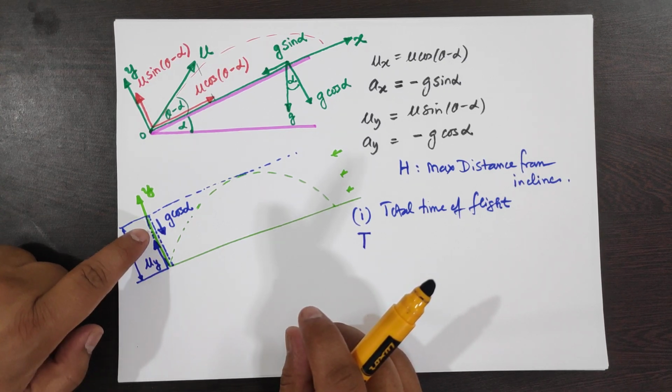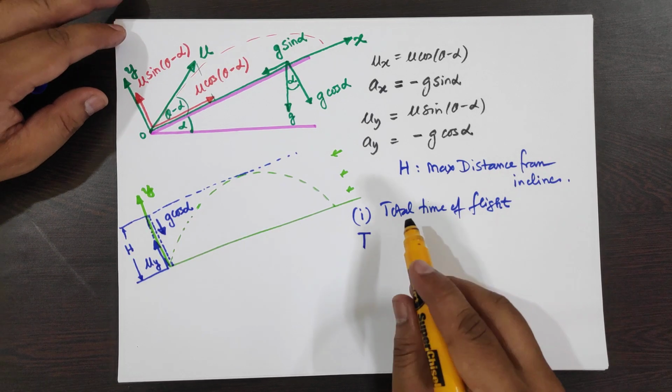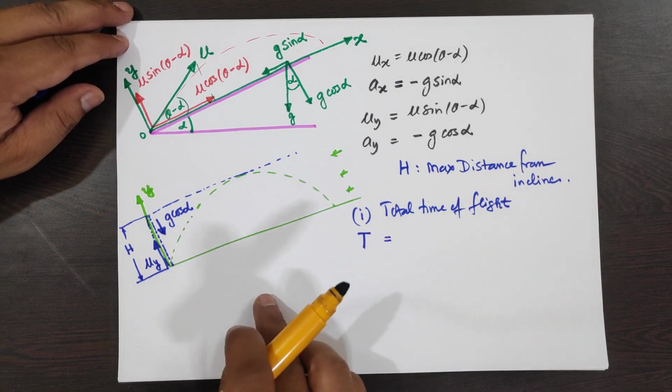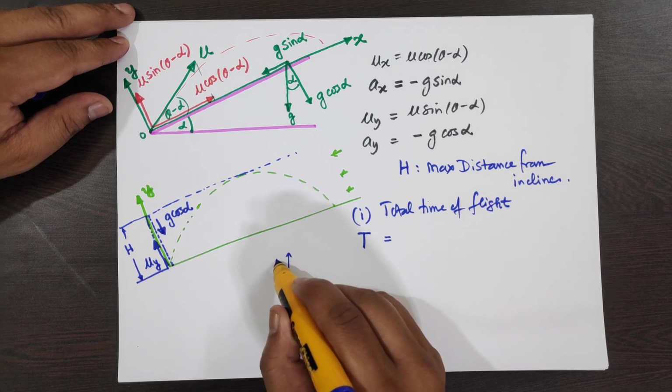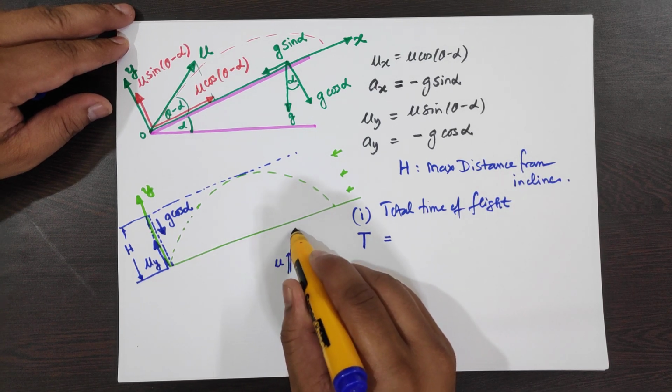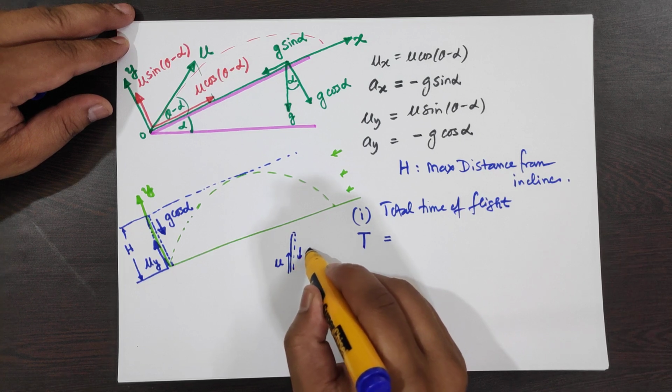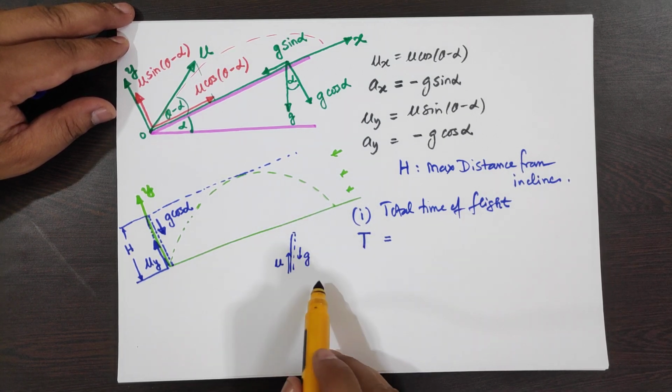So it goes up at uy with acceleration downwards. If you throw a ball upwards with velocity u, it will come back in the gravitational field. What is the time taken? 2u by g.